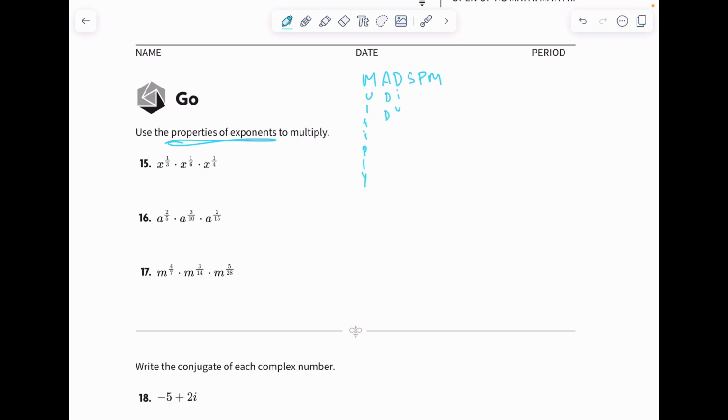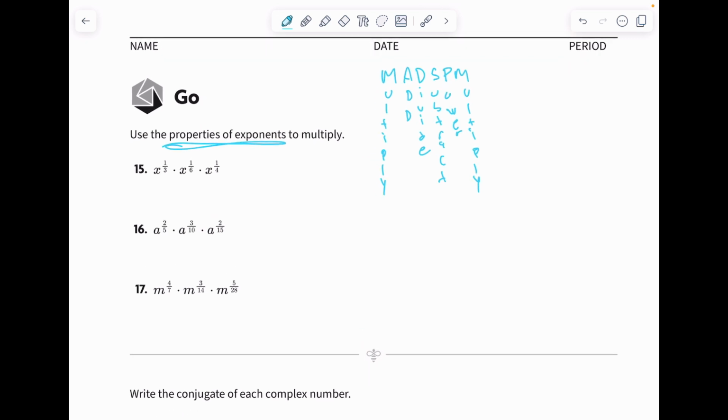When I divide, I subtract, and when I take them to the power, I multiply them. Here I am multiplying all these exponents, so I need to add the exponents, right?